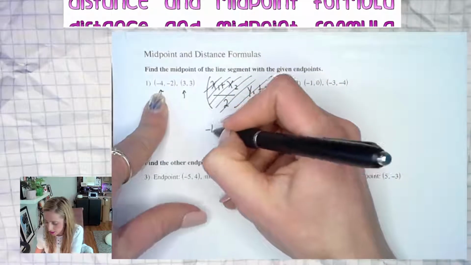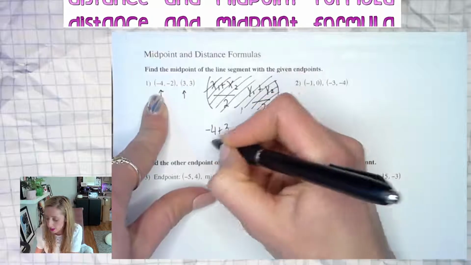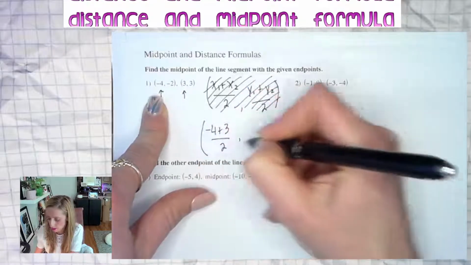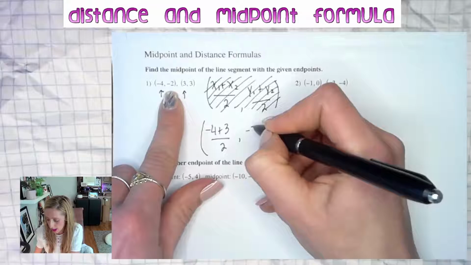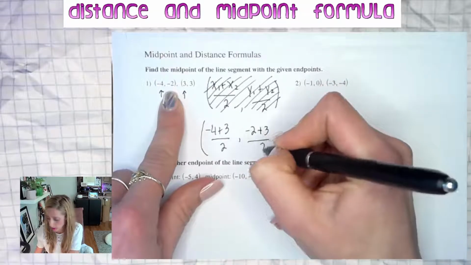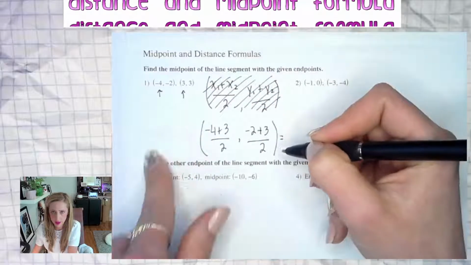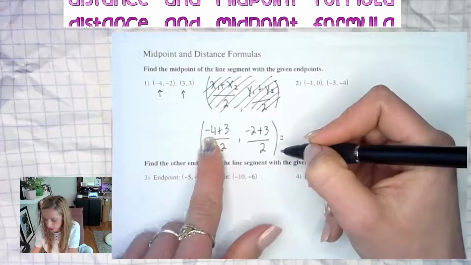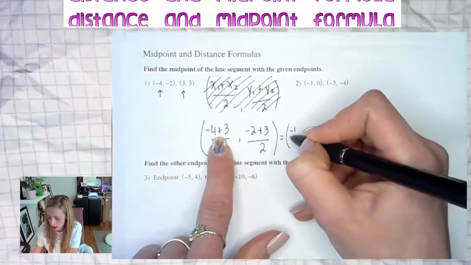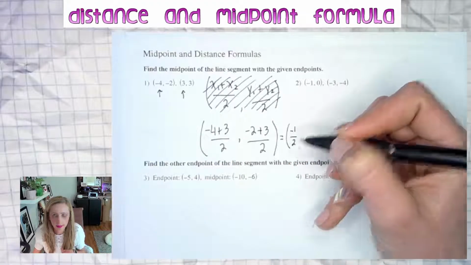Add your x's. -4 plus 3, divide by 2, comma. Add your y's. -2 plus 3, divide by 2. Last thing, reduce. -4 plus 3 is -1 over 2. Leave it. It's a reduced fraction.